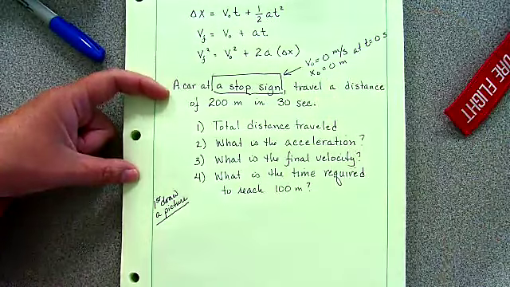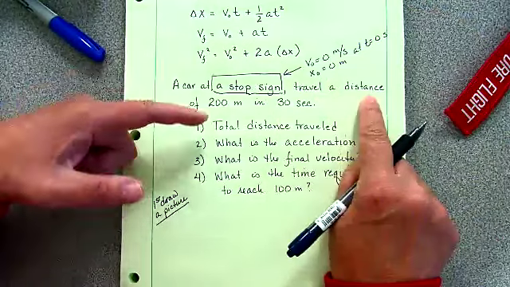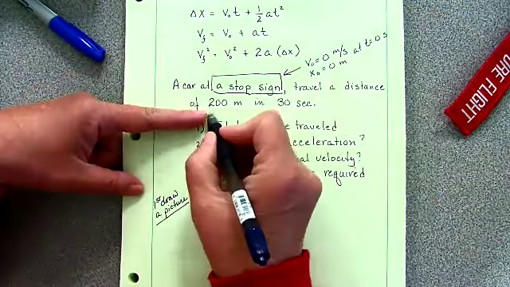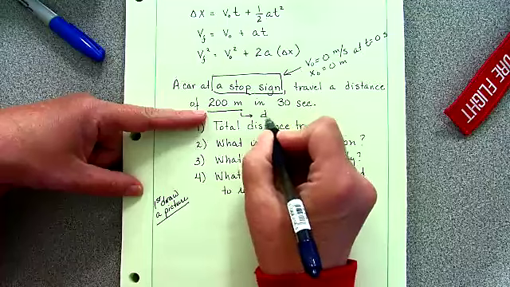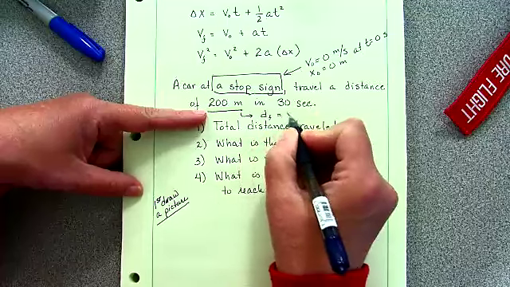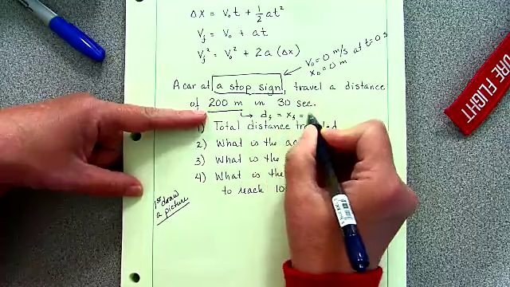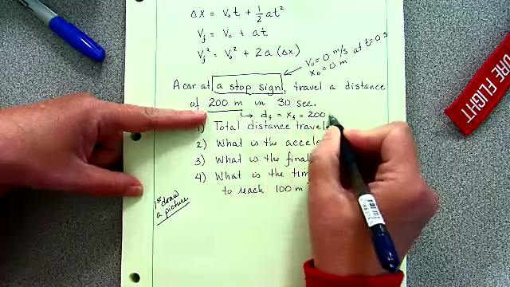So a stop sign already communicates an awful lot of information. And we're going to travel a distance of 200 meters. So this is my final distance, or my x final, of 200 meters.